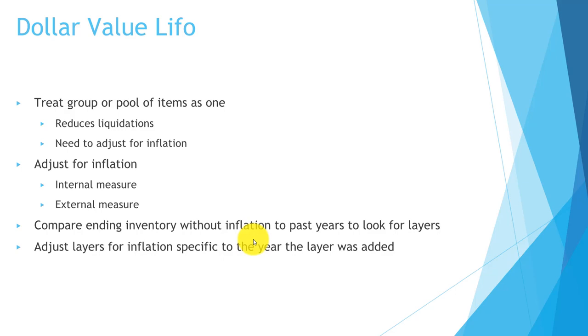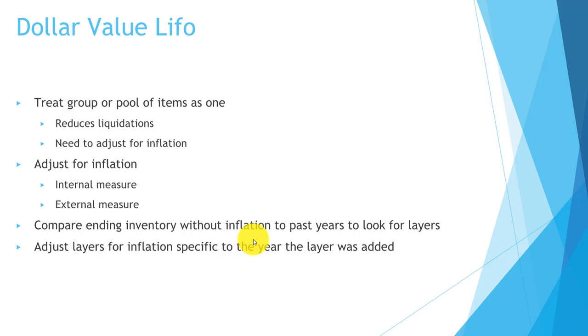And so what you do is adjust for inflation. You divide by 1 plus the inflation rate in order to strip out inflation. Then you compare your inventory without inflation to what the beginning inventory was. If your ending inventory after taking out inflation is higher than your beginning inventory without inflation, then you have a new layer.